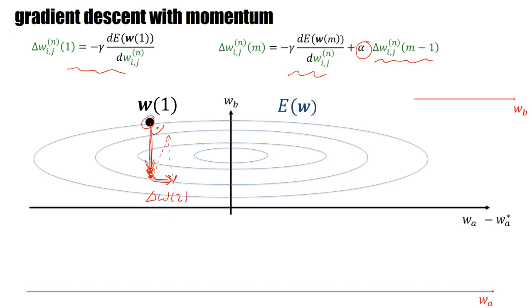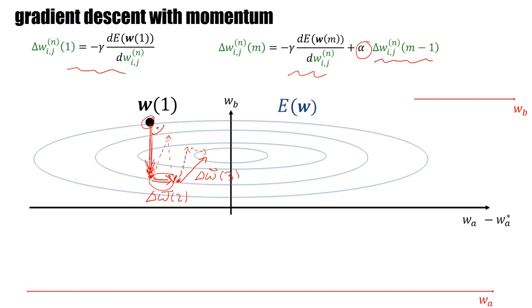Now in the third time step, I'm now here, and now I do my update step perpendicular to the niveau lines, so roughly like this. However, I add a little bit of the previous direction, so that now the new update step, delta W at time step 3, points in this direction.